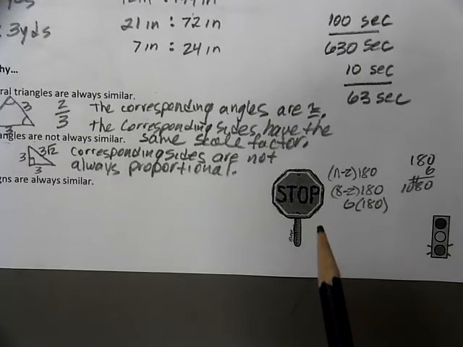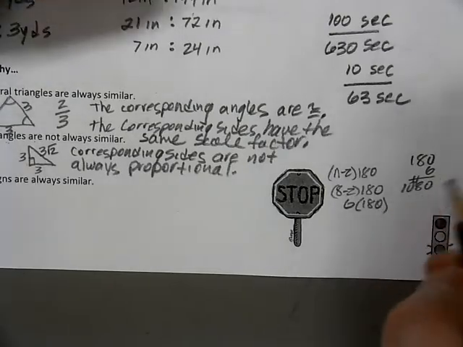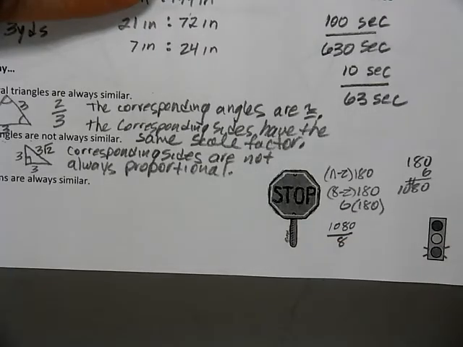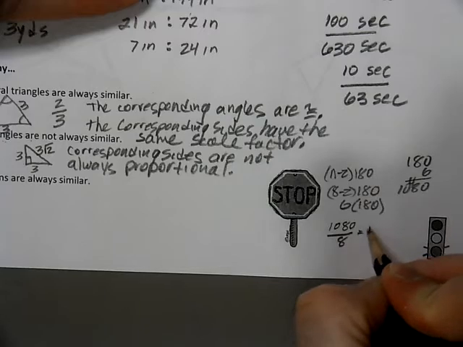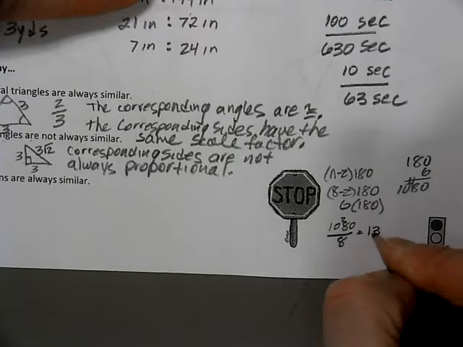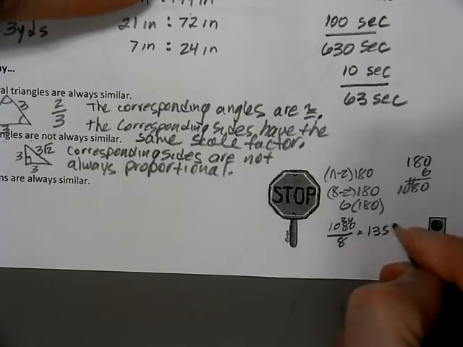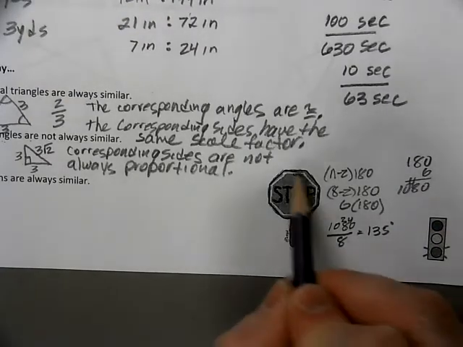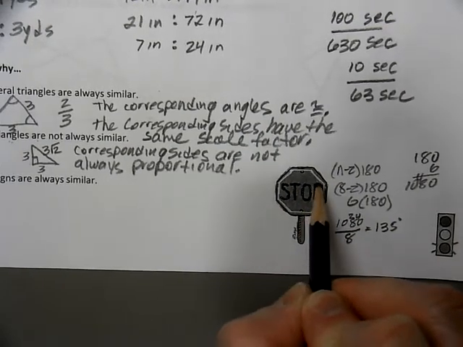In a stop sign, it's actually a regular polygon, and that means they are all congruent to each other. So if we divide them by 8, 8 goes into 10 one time with 2 left over. 8 goes into 28 3 times with 4 left over. 8 goes into 40 5 times. So each angle of a stop sign has to be 135 degrees.